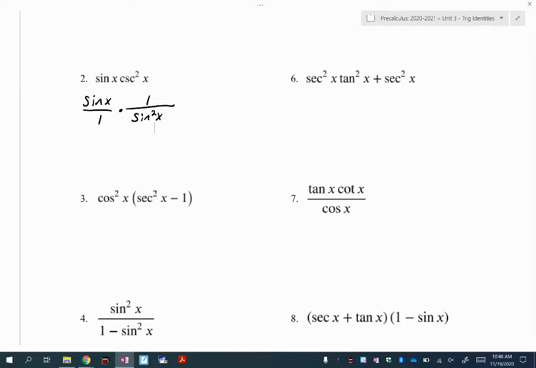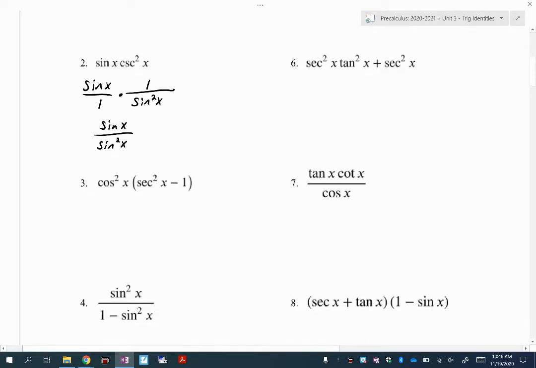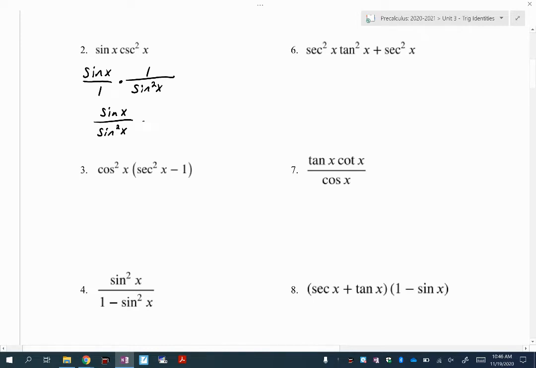So I'm going to just do 1 over, and now I have sine of x over sine squared of x. That's going to reduce to 1 over sine of x, right? And 1 over the sine of x is the same as cosecant x. Okay, number 3.